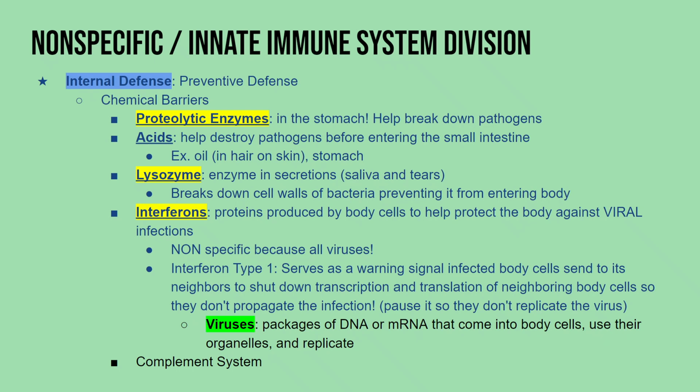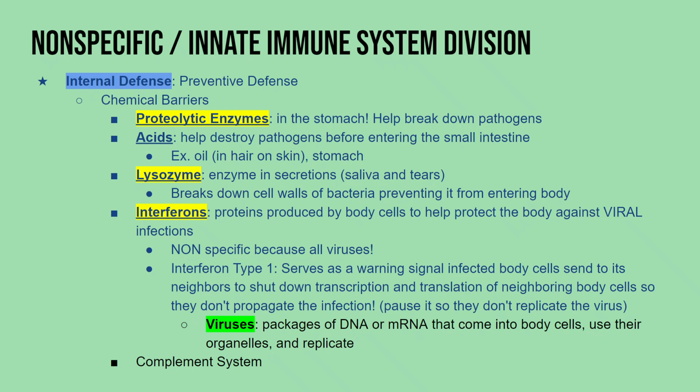And then internal defenses of the innate immune system. These are chemical barriers inside the body that are nonspecific, like we talked about before: proteolytic enzymes, acids, lysozyme, interferons. I talked about acid and lysozyme already, but proteolytic enzymes specifically are in the stomach, and they're nonspecific and help break down pathogens if they get all the way to the stomach.